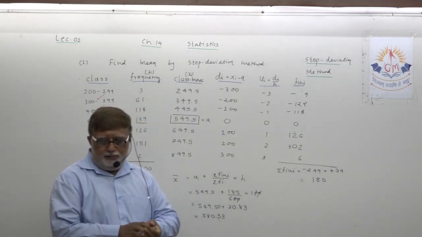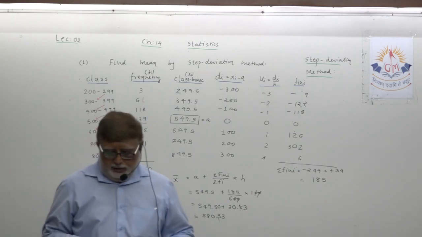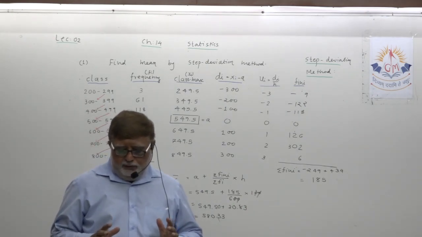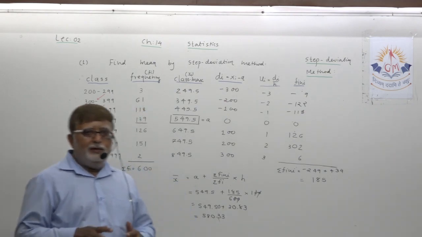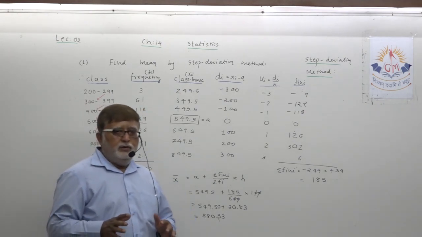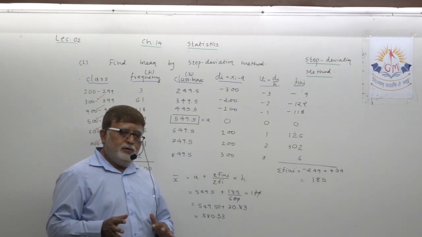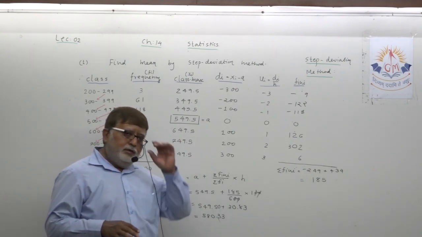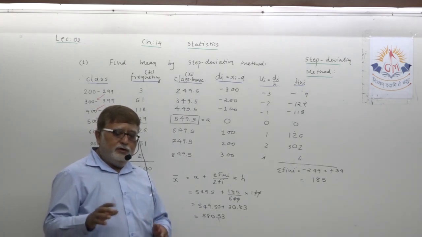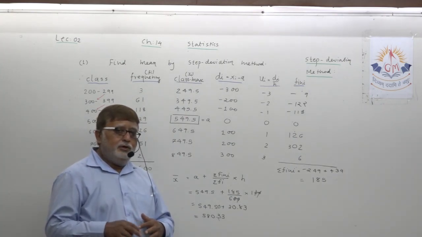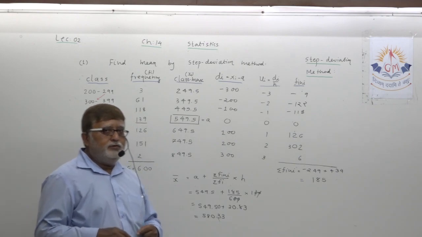Do one thing, just in 1 minute, verify examples from 6 to 13 and try to first analyze which are the examples involving regular class length and continuous data, and which are the examples involving regular class length and discrete data.